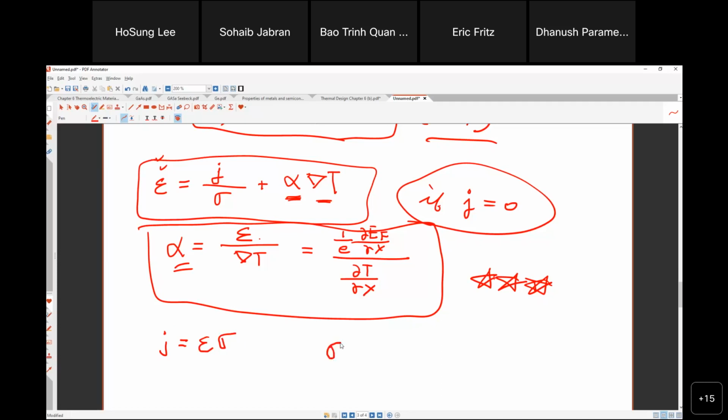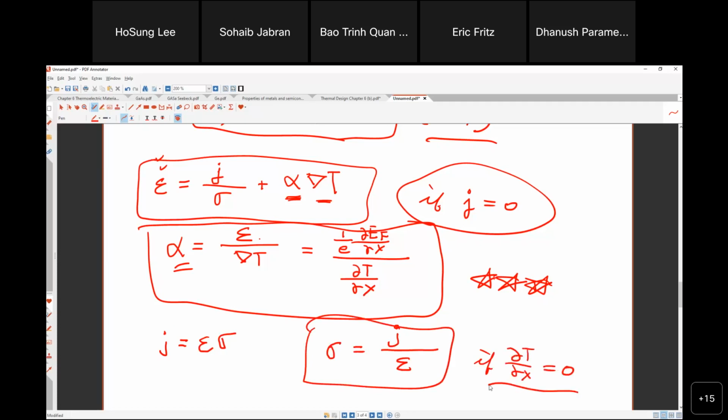So electrical conductivity is electric field and the current density again, if gradient is zero. This is a special case. So electrical conductivity everywhere, even with a gradient, without gradient, this is the nature of it. So once we figure out current divided by electric field, that's the electrical conductivity.